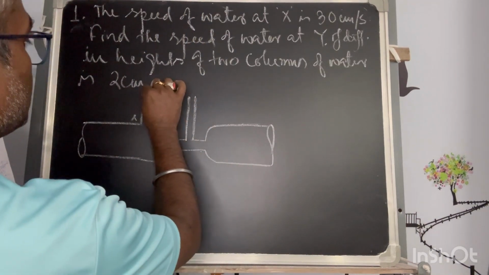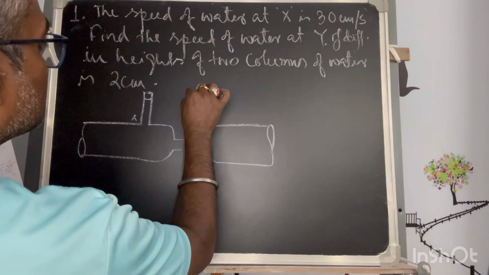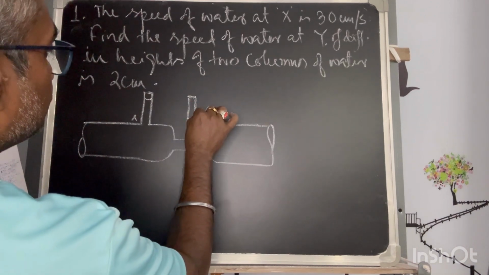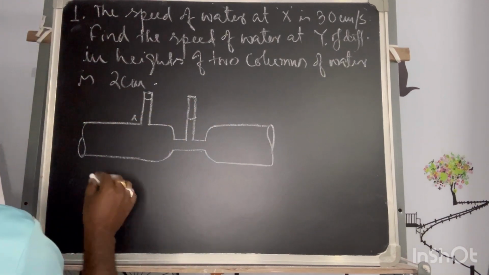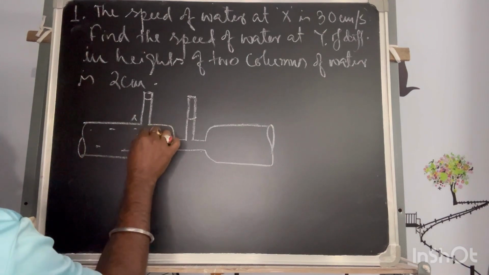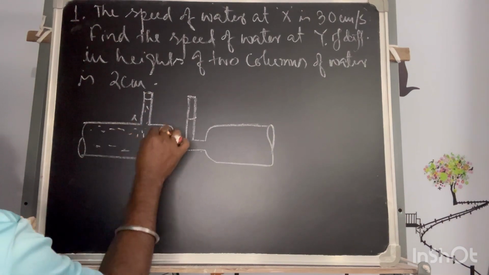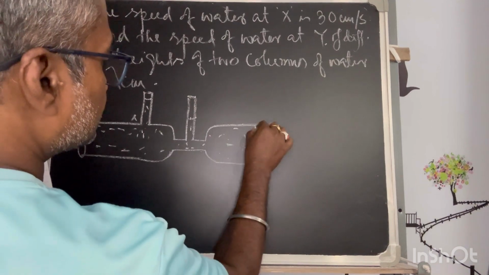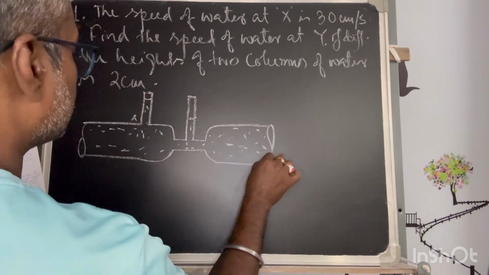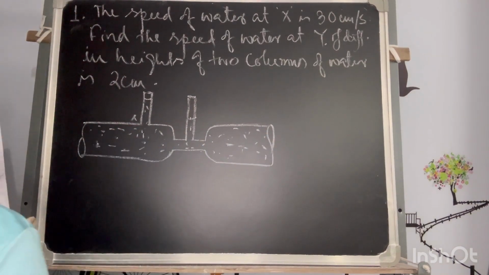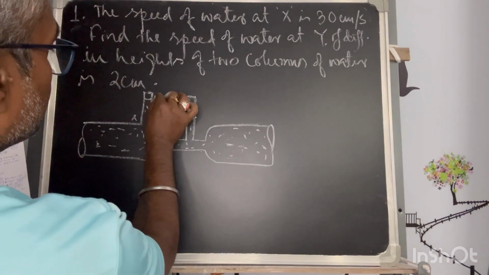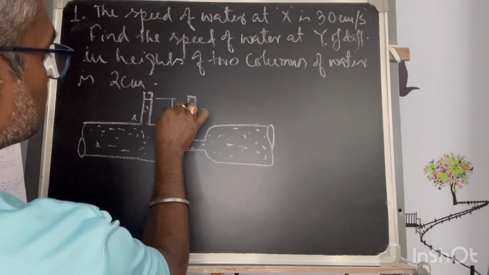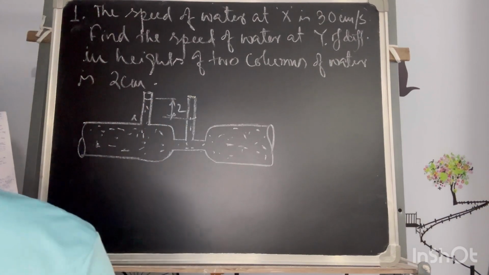This is open ended, and this is the liquid column here. This height difference is given as 2 centimeter.